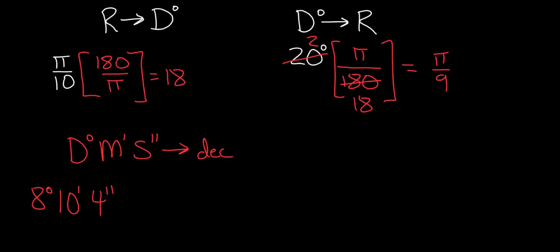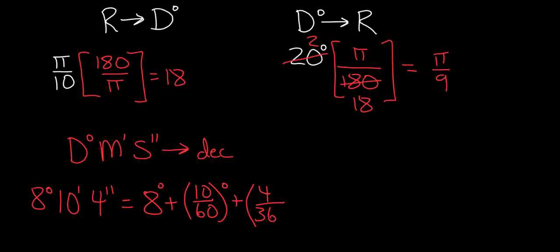We want to convert that to decimals. What we're going to do is just calculate this: 8 plus 10 over 60, these are all degrees, plus 4 over 60 squared. Just run that through your calculator, and that will be your decimal. Because this is 10/60ths of a degree right there. This is 4 3,600ths of a degree.